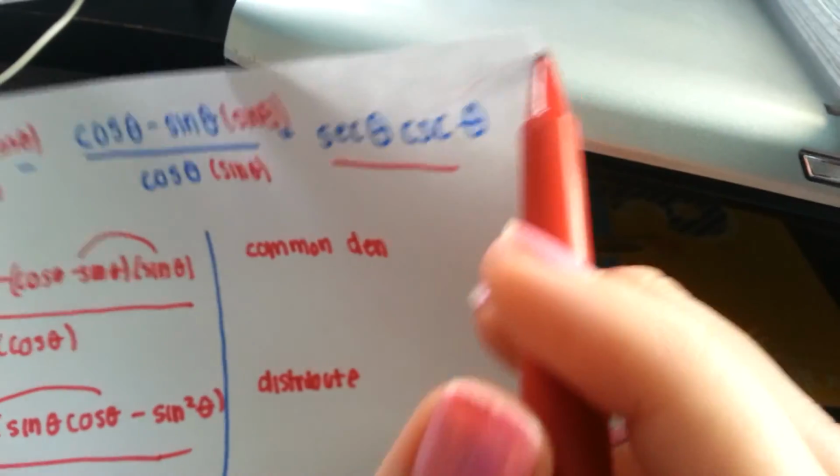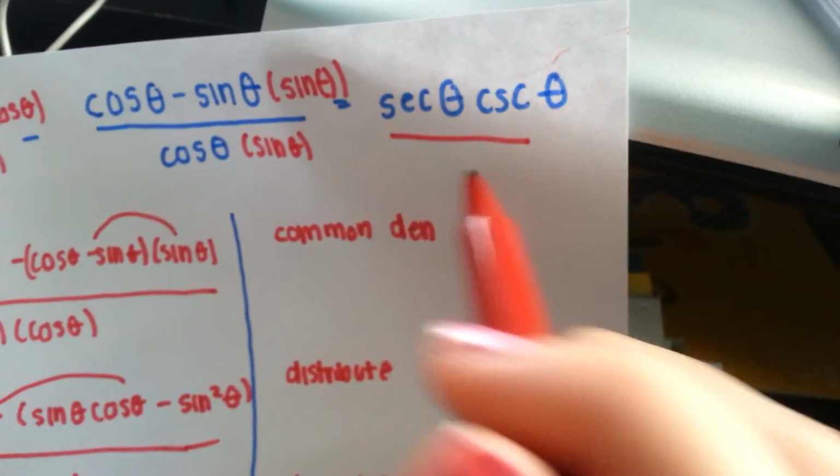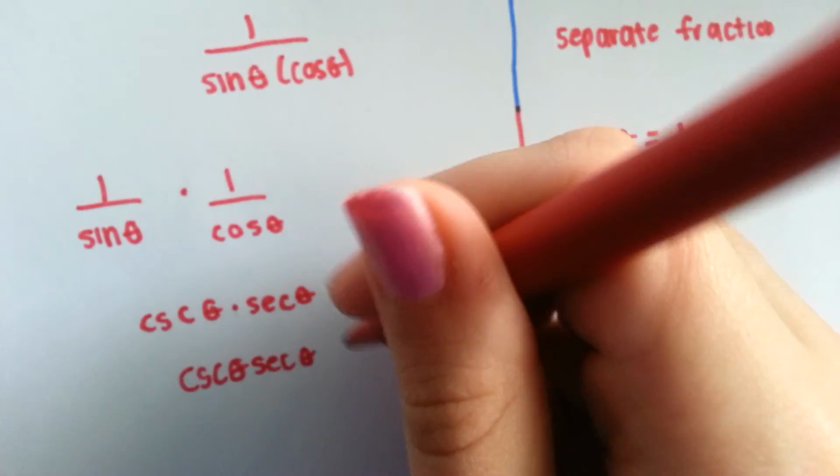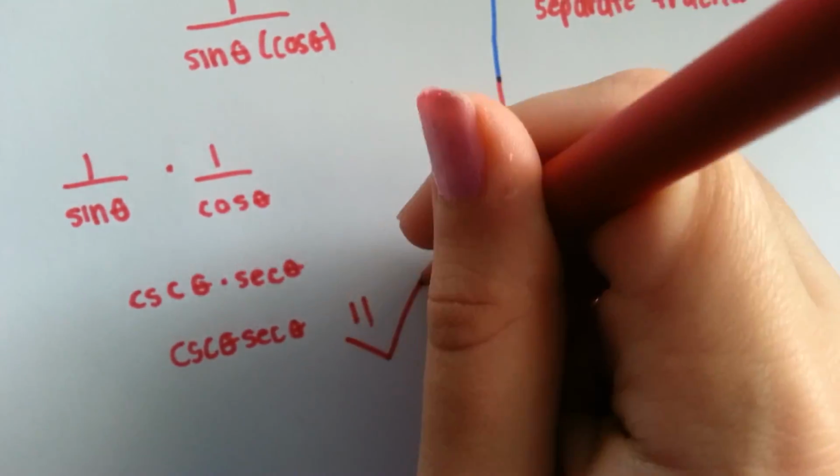So we're going to plug it in. Instead of this, we're going to have cosecant theta times secant of theta. So it leaves us with cosecant theta times secant of theta, which is the same as this, which was what we had to verify. Therefore, it's correct.